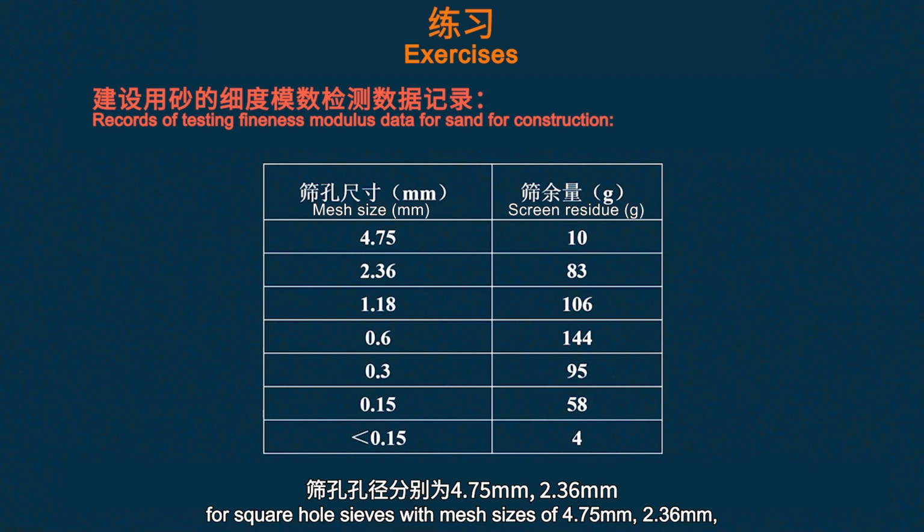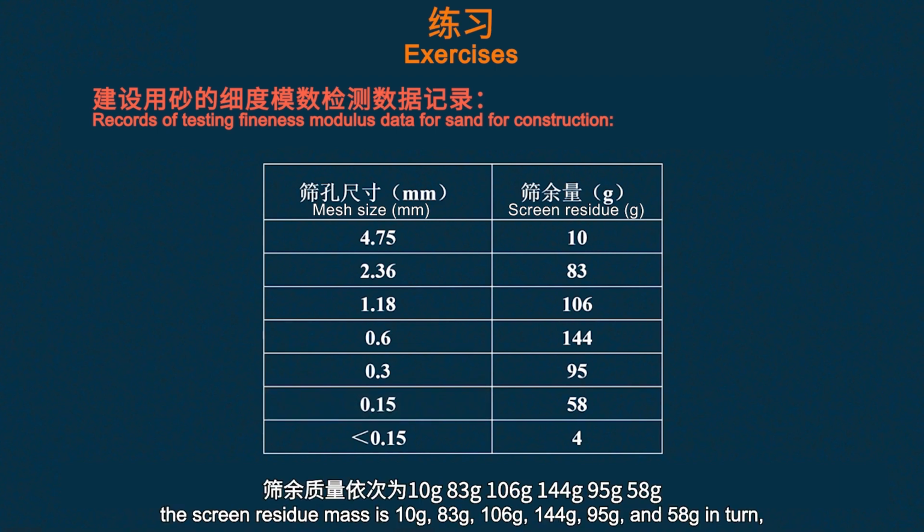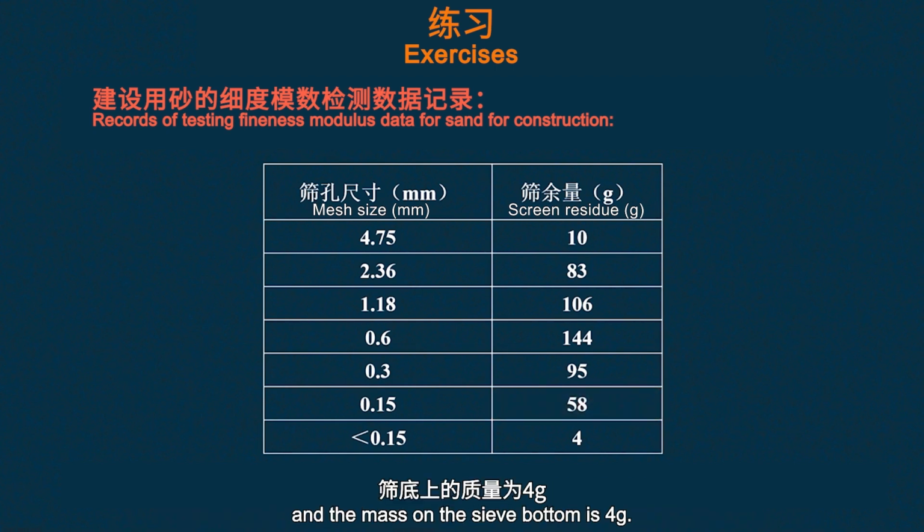For square hole sieves with mesh sizes of 4.75 millimeters, 2.36 millimeters, 1.18 millimeters, 0.60 millimeters, 0.30 millimeters, and 0.15 millimeters respectively, the screen residue mass is 10 grams, 83 grams, 106 grams, 144 grams, 95 grams, and 58 grams in turn, and the mass on the sieve bottom is 4 grams.